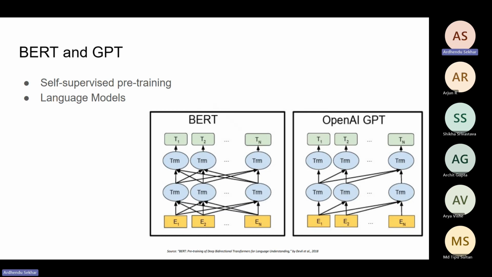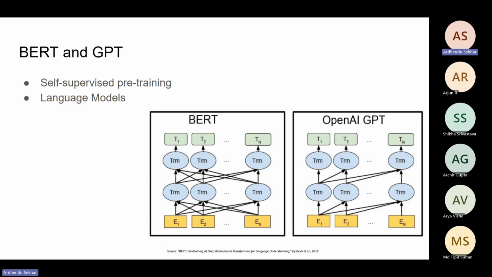If I am giving a sentence like "I am a boy," I will remove "boy," or remove random words in between, and I will ask the model to predict the missing words. This is the pre-training task for these models. This is a self-supervised task. You don't need to actually have input-output pairs. The model can be easily trained using this task, so creating the dataset is very easy for these kinds of models.